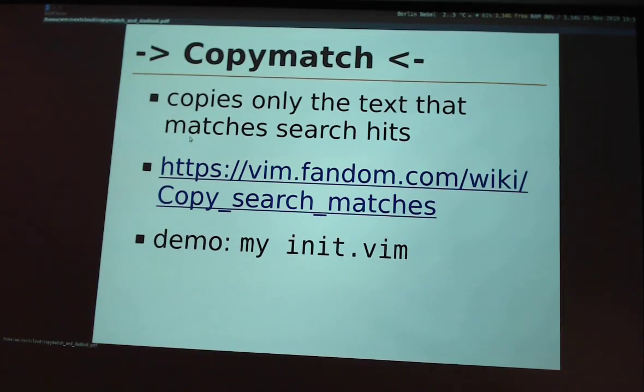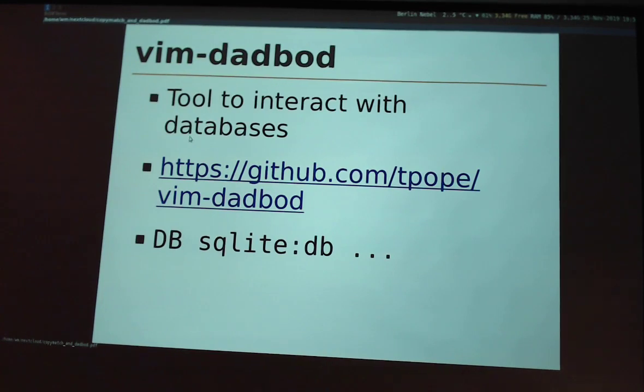Okay, and the next one I have on my list is Vim dadbod. So this is basically an enhancement of DB extension. DB extension was the tool for accessing databases in Vim in the terminal, and this one is another famous plugin of Tim Pope.